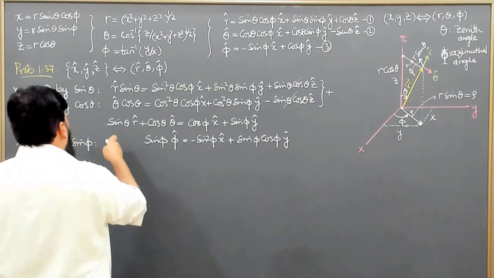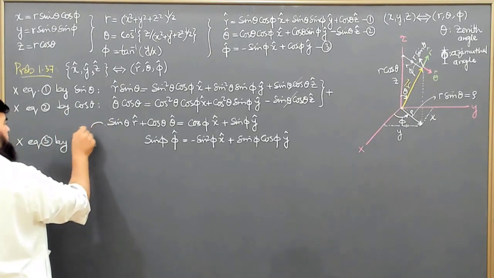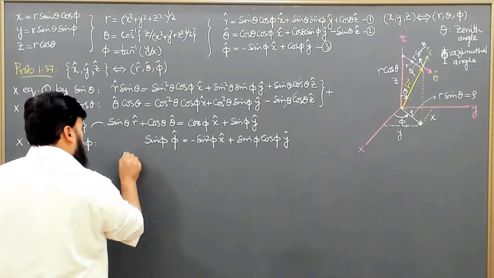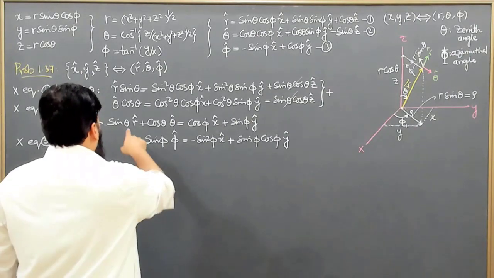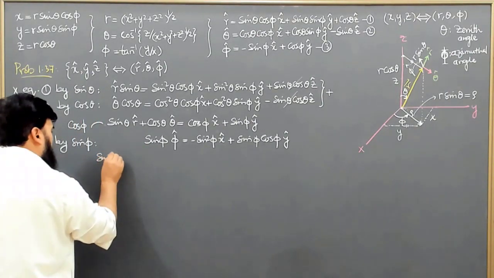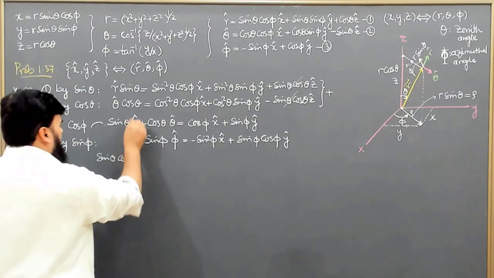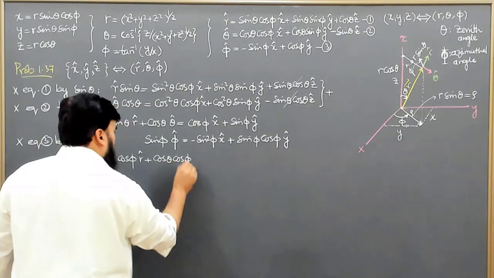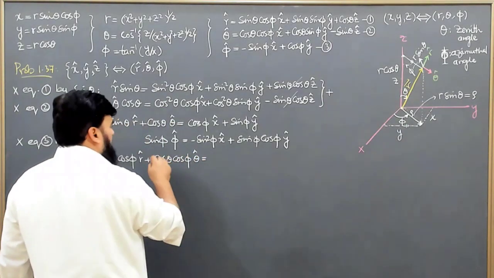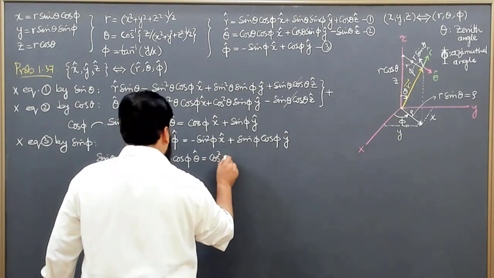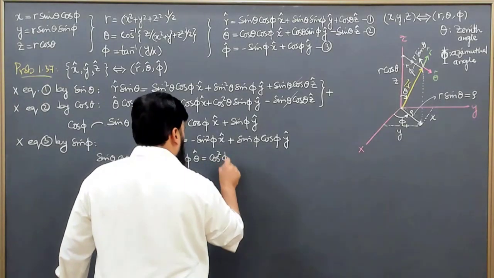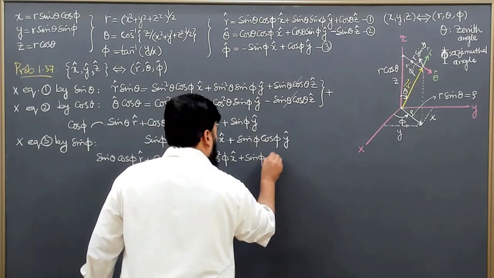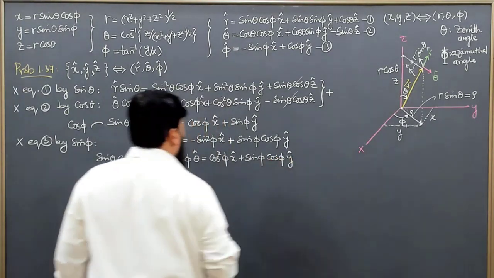So if I multiply this equation with cos phi, on both sides, then I will have sine theta cos phi in the r unit vector, plus cos theta cos phi in the theta unit vector, is equal to cos square phi in the x unit vector, plus sine phi cos phi in the y unit vector.